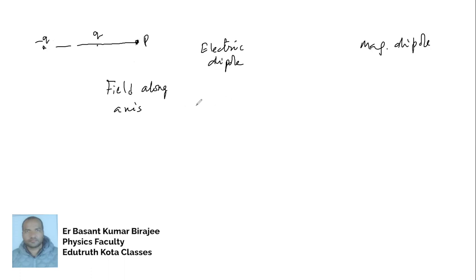So the formula here is 1 by 4 pi epsilon naught times 2p by r cube. If you write in vector form, then you can put it here, where p is the dipole moment.